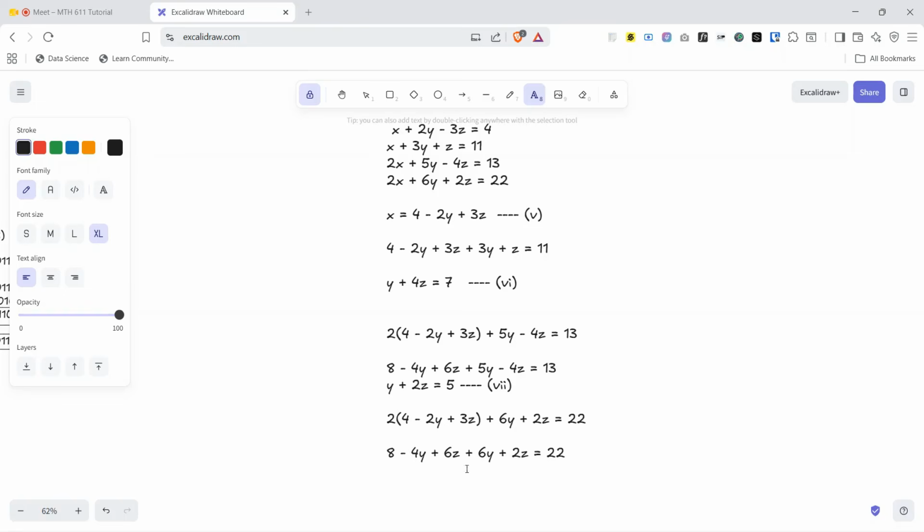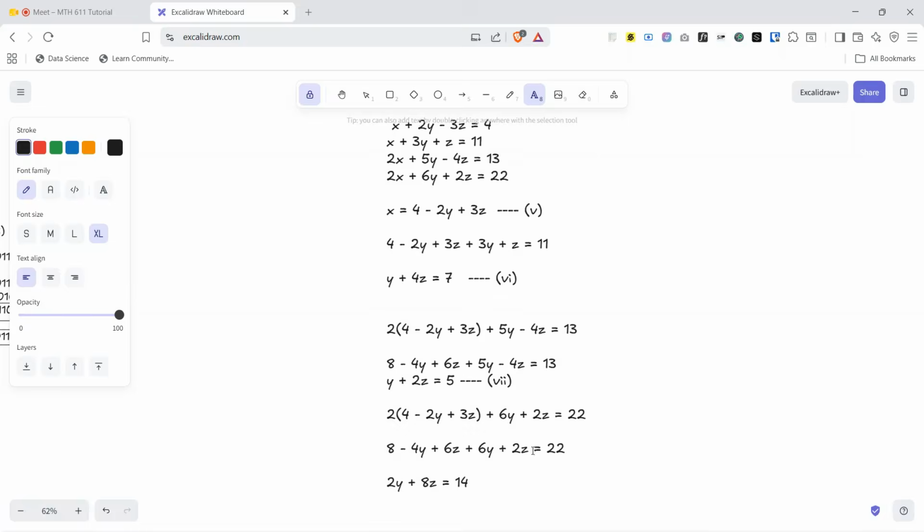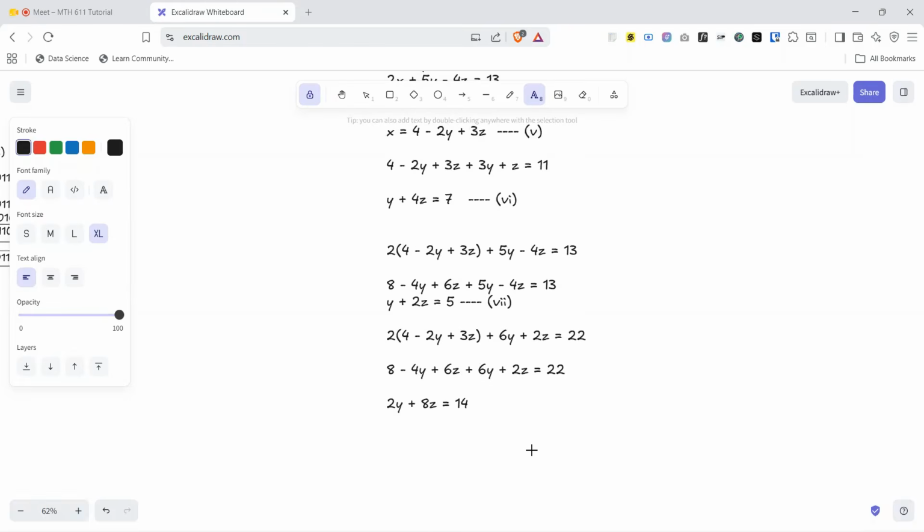So this would be 2y plus 8z equals 22 minus 8, that's 14. If you divide through by 2, you would have y plus 4z equals 7. Yeah, we have the same thing here.